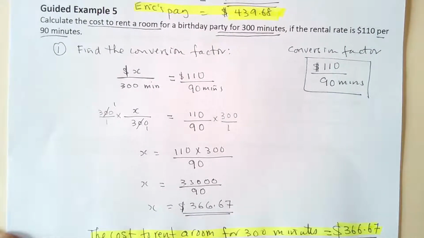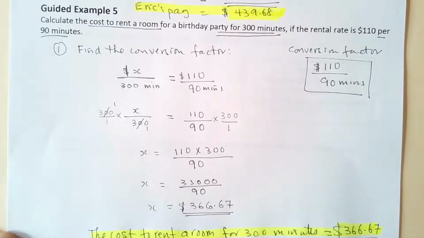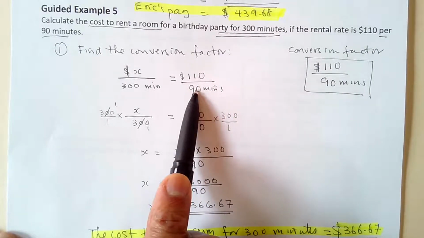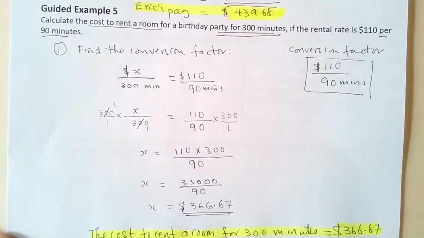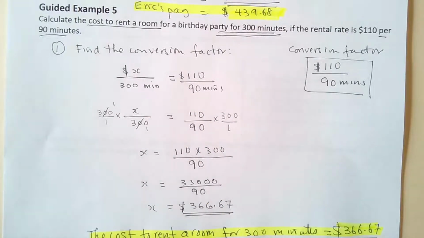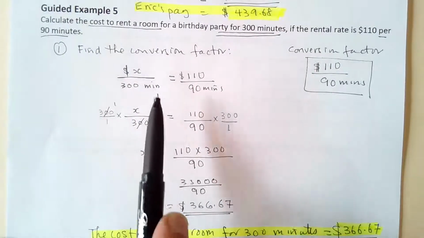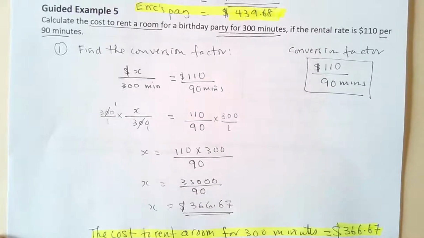So recap, step 1, you find out your conversion factor. You write it as a fraction. Then you put an equal sign to have an equivalent fraction. Then you substitute the given values into your blank fraction.